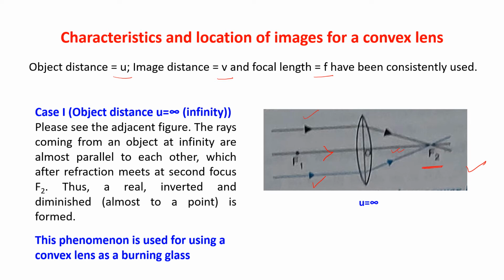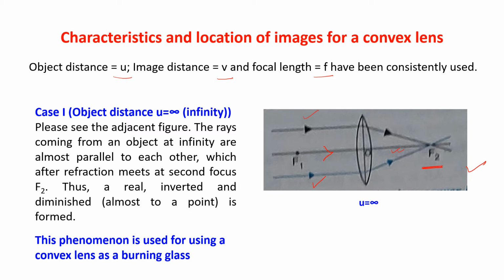So all the three rays are meeting at a point F2. So we are getting a real, inverted and very, very diminished image, almost like a point, at F2. This phenomenon is used for using a convex lens as a burning glass.